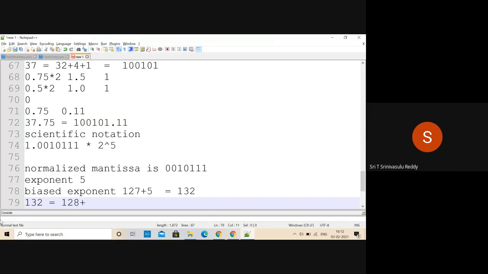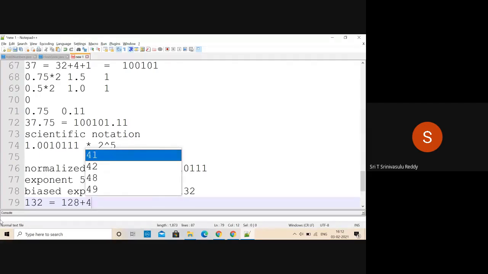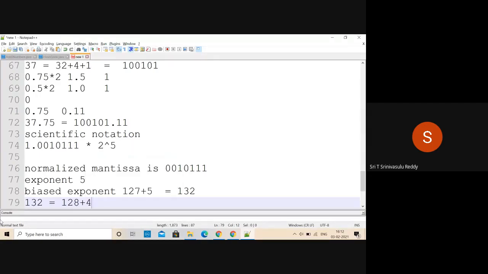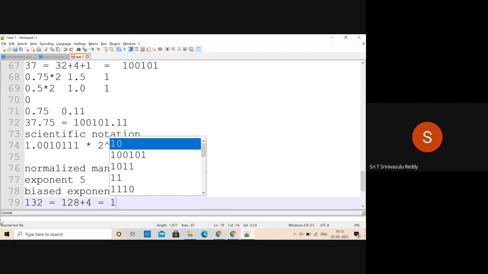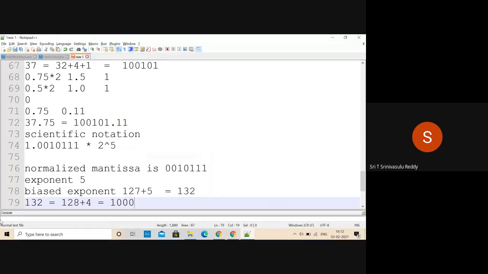You have to write in powers of 2. 128 is a power of 2, and 4 is a power of 2. This can be represented as 128, 64, 32, 16, 8, 4, 2, 1. So this should be your actual exponent.